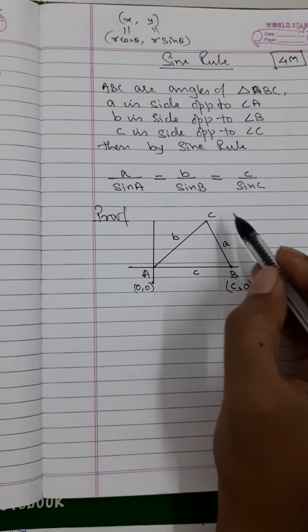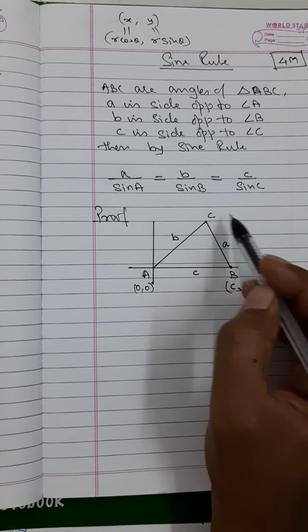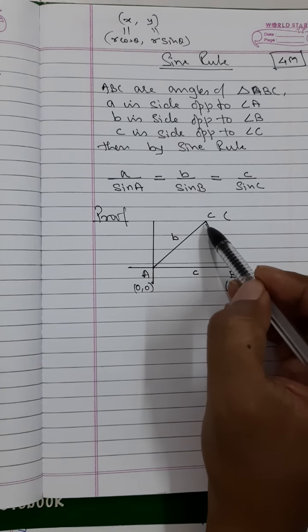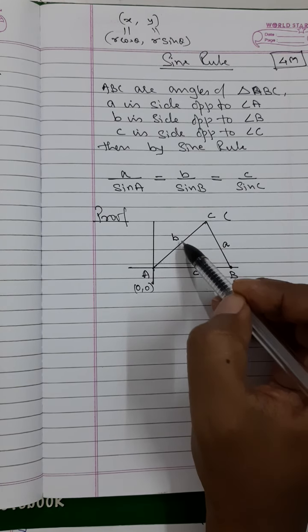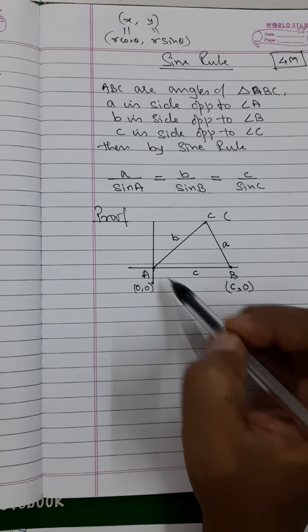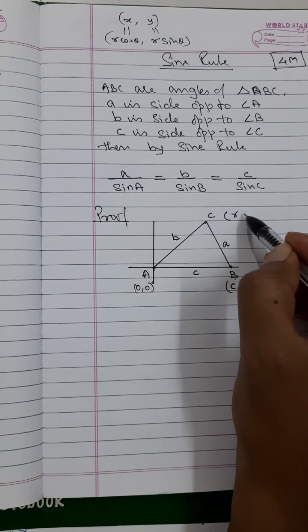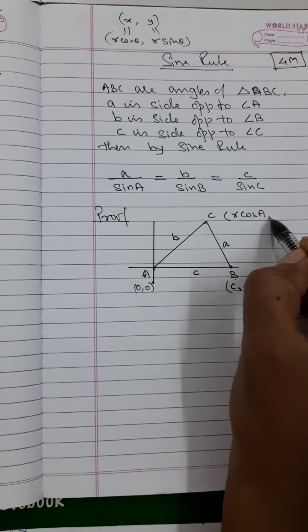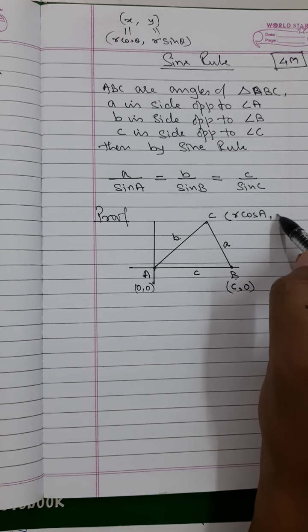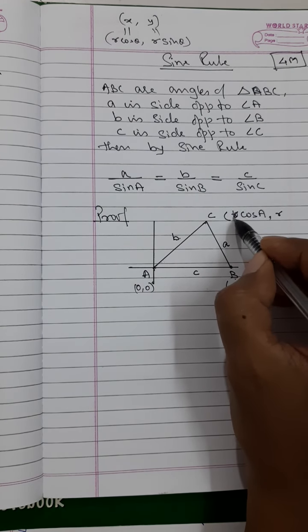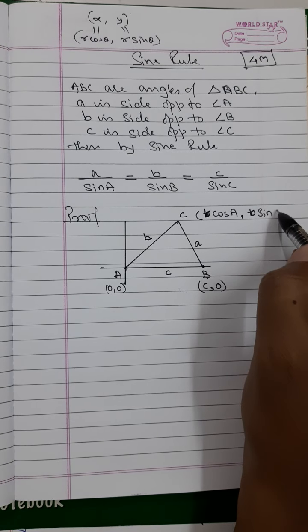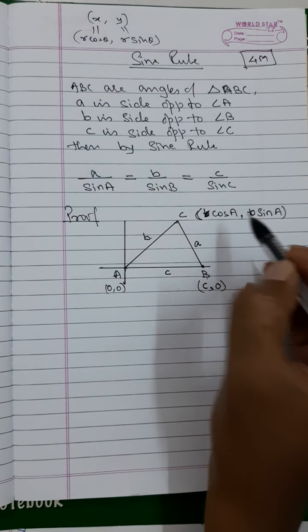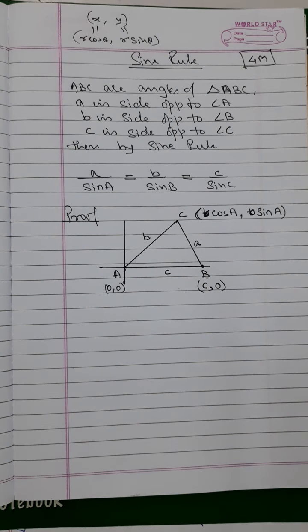So considering that, C will have x coordinate as r cos A, where the distance from origin is b, so r is b and the angle is A. So the x coordinate will be b cos A. And the y coordinate will be, sorry, not r, b, because r is b. Here also b sin A. Okay, that is the difference. But these coordinates you have got.